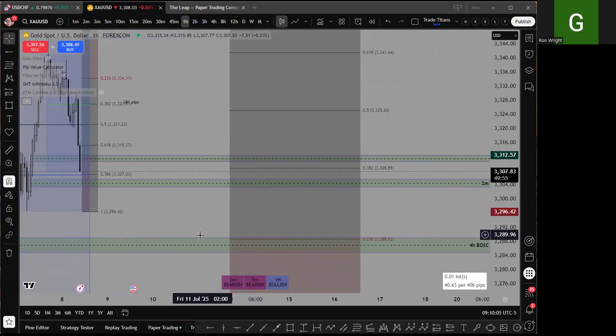But yeah, it's heading towards the 786, which is the institutional level. So New York session makes sense. Or do we have a true trend reversal? And that thing is still dropping.